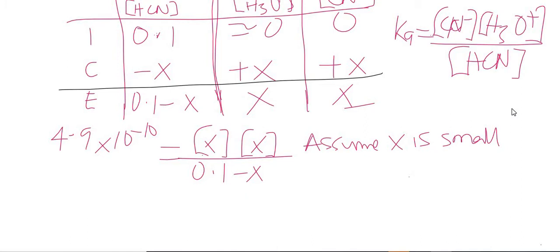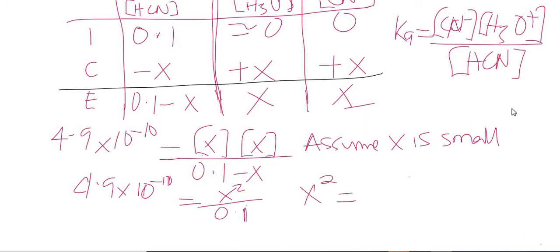So this gives us 4.9 times 10 to negative 10 equals x squared over 0.1. And we're going to have x squared equal to 4.9 times 10 to negative 10 times 0.1.